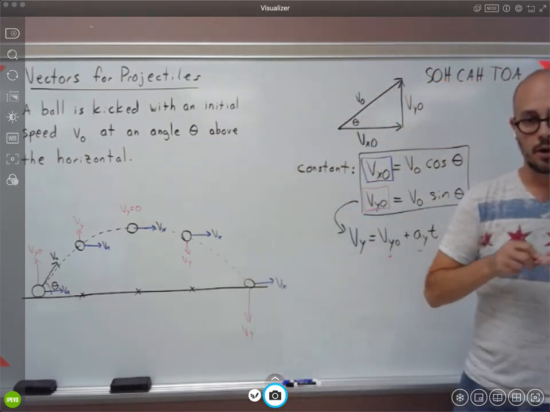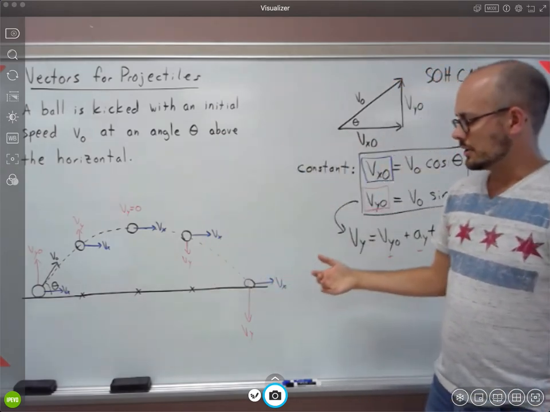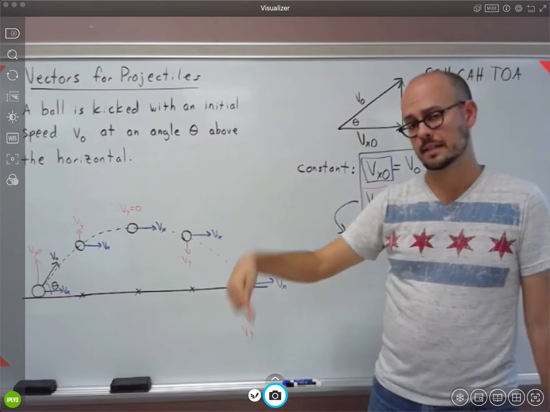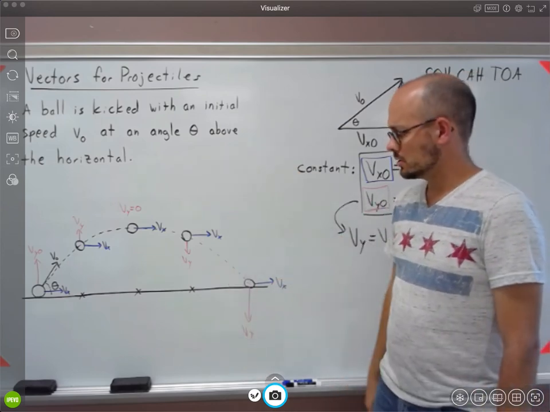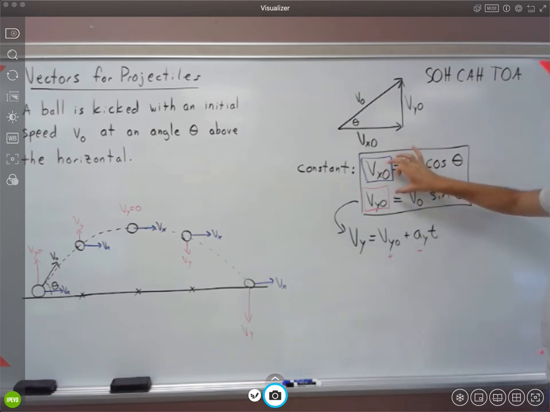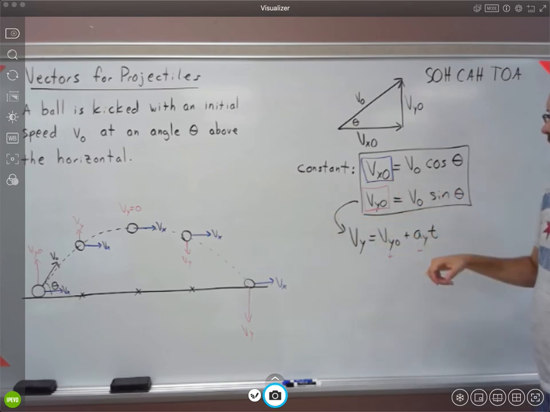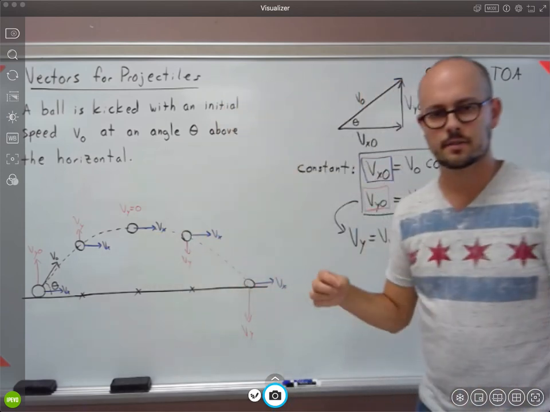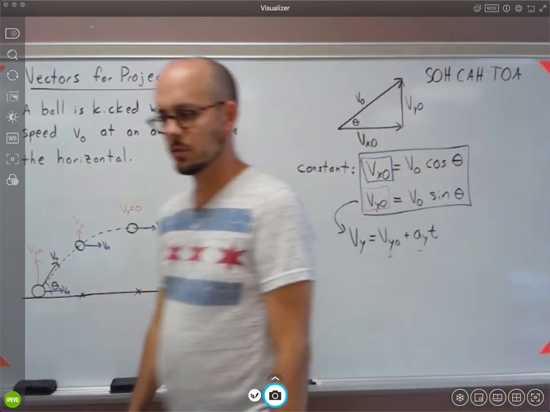So the ball's going to hit the ground and bounce. It has to be moving forward still. It also has to be moving downward when it strikes. So when you establish the initial velocity vectors of a projectile, remember the horizontal one doesn't change, but the vertical one always gets more and more negative as the object travels through its path.